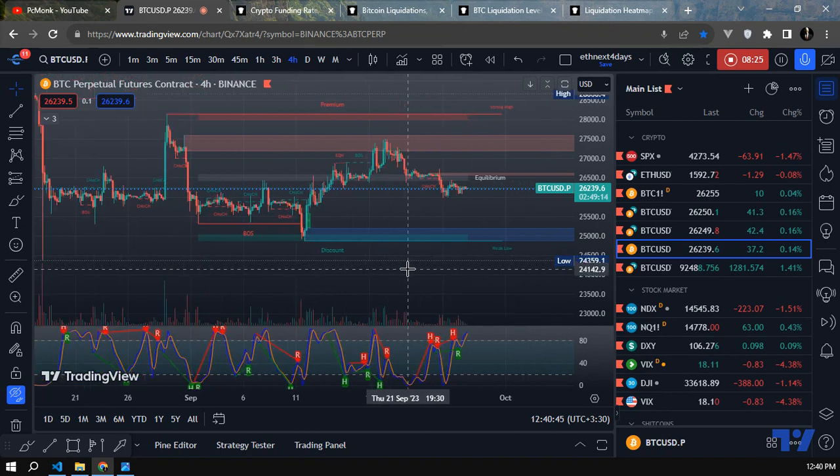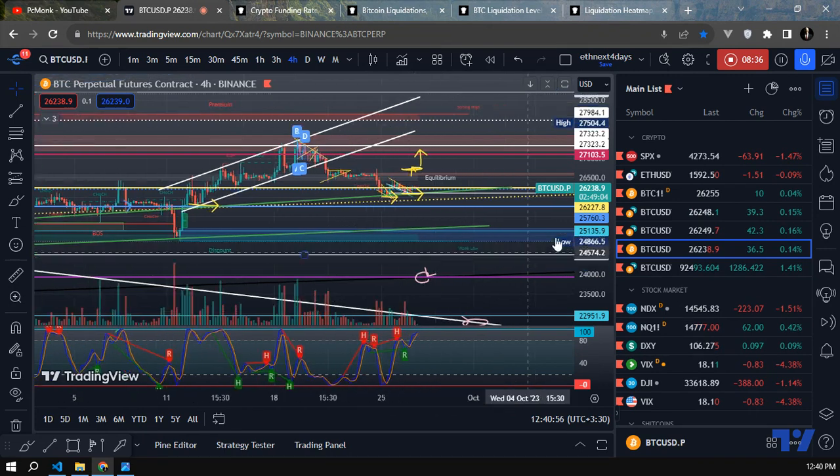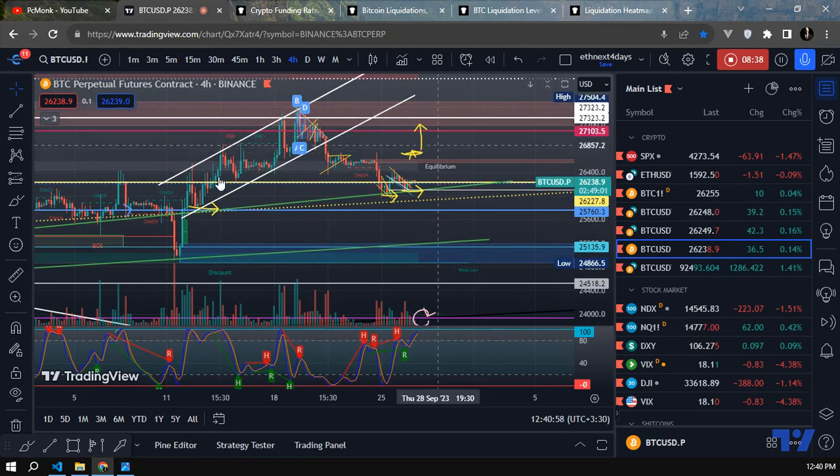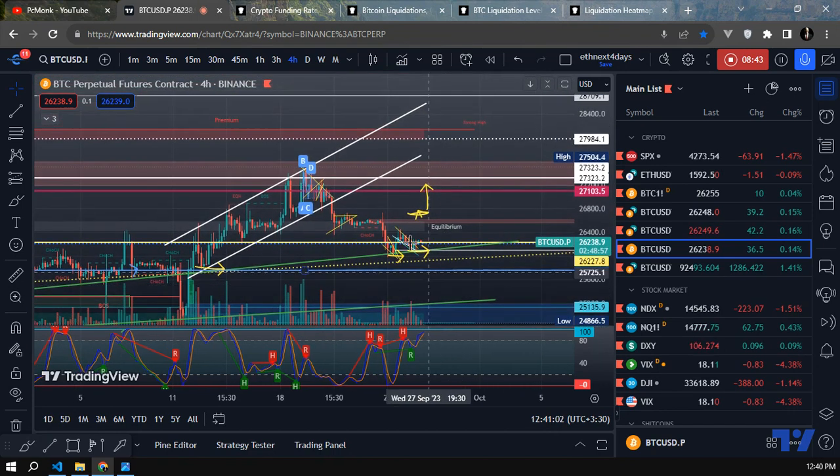And I've talked about the lows as well. If I put these back on, my target to long if we're coming down is here, 23.9. And from here, my target to short is first around here, maybe 27.3, any of these levels.